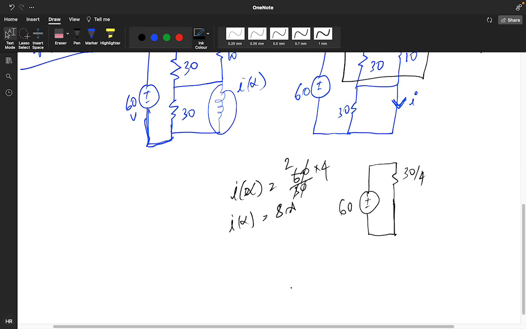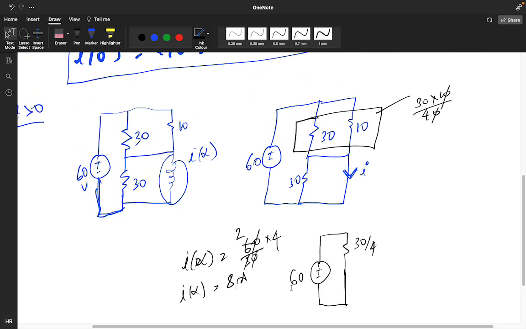If I am getting I of infinite as 8 ampere, what is the meaning? 8 ampere current is going from here. This combined is 30 by 4, and that 8 ampere current is traveling from here.